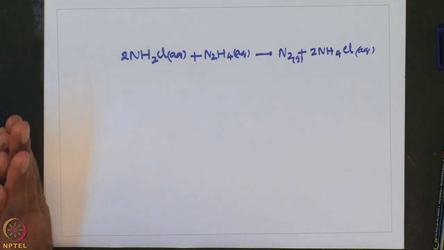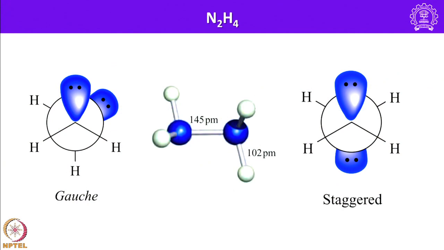In these cases, gelatin is added to the reaction mixture to trap the d metal ions by forming a complex with them.